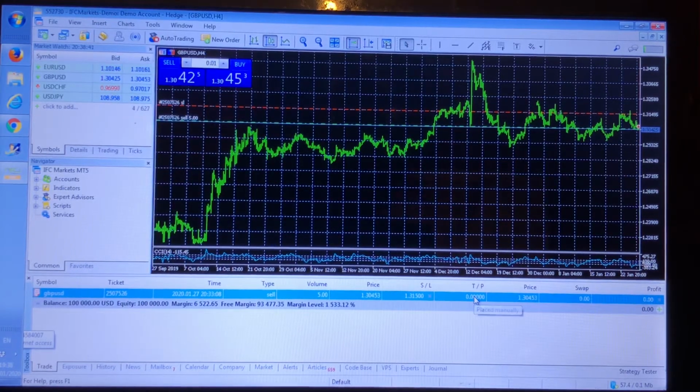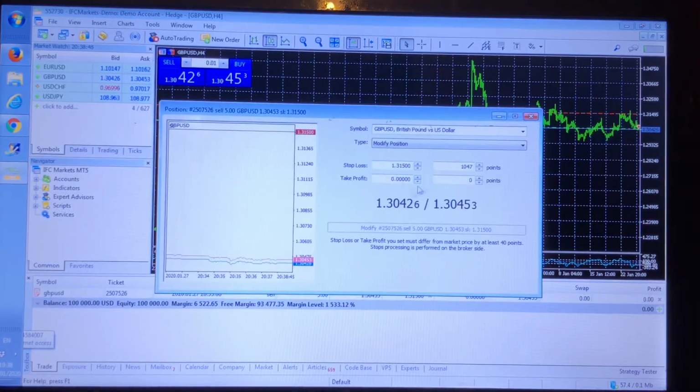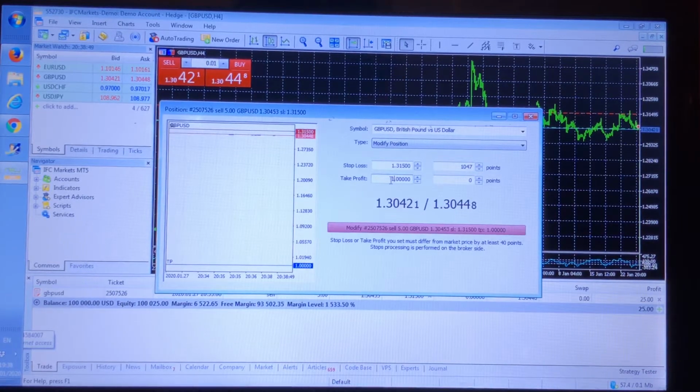So we're in profit by £35, now zero again. Let's just modify the position again. Let's just take a take profit at $1.29325.